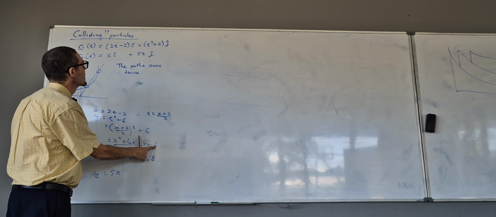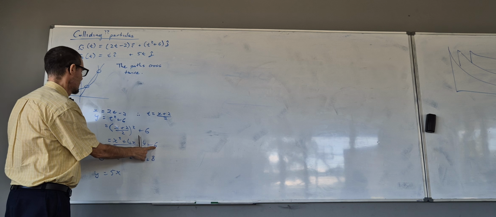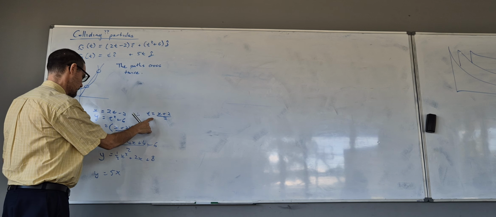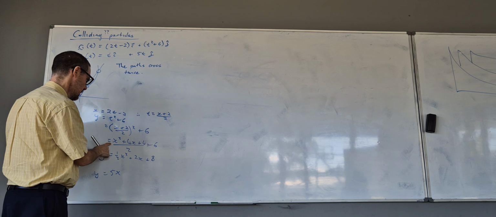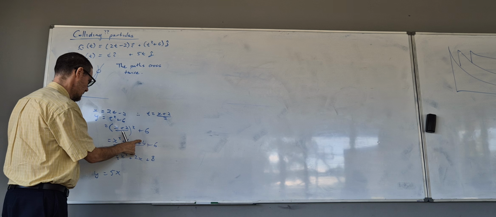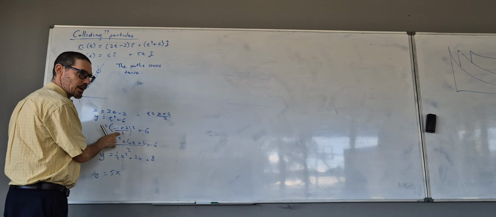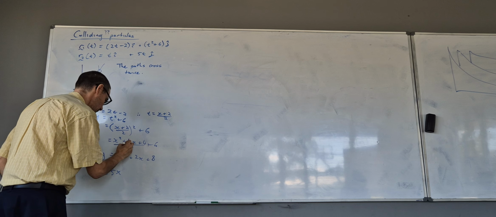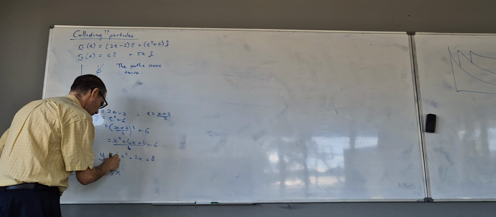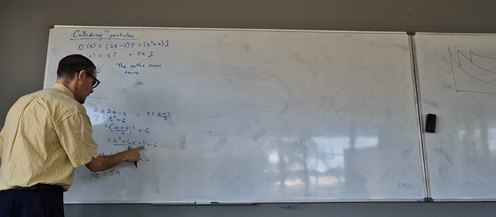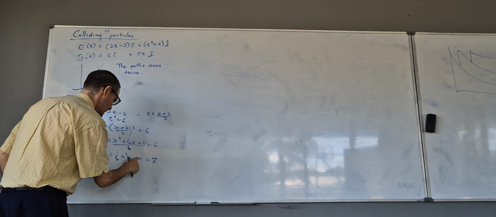What have I done wrong? x squared plus 4x plus 4, oh, divided by 4. So a quarter x squared plus x plus 7.